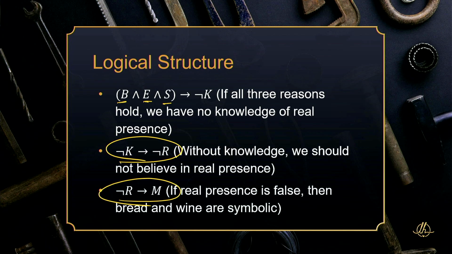If this is not true, that not R implies M, then the whole thing fails. So by having the symbols and seeing the flow of the argument, we're able to say, okay, we have some vulnerabilities we need to deal with. And then you can do the work to offer reasons why the defeaters are not actually defeaters.